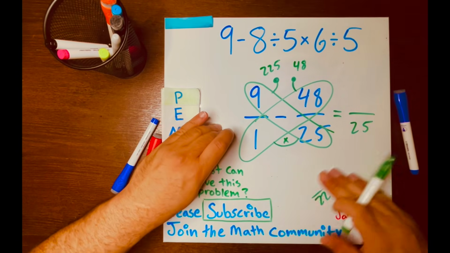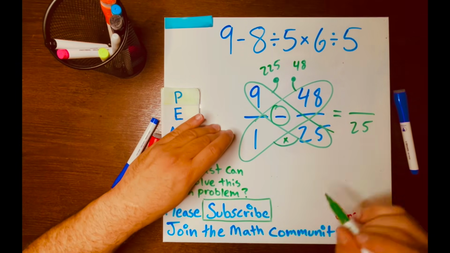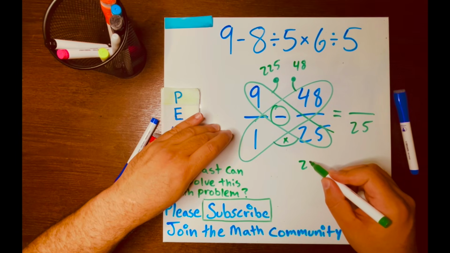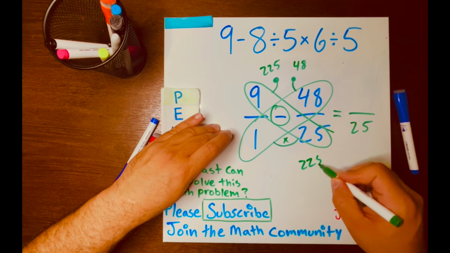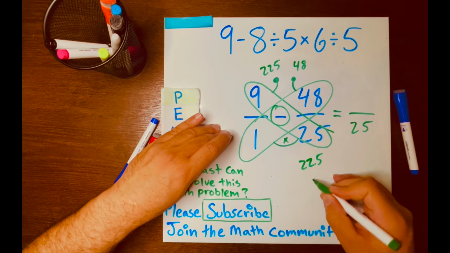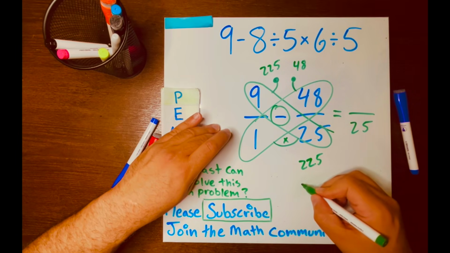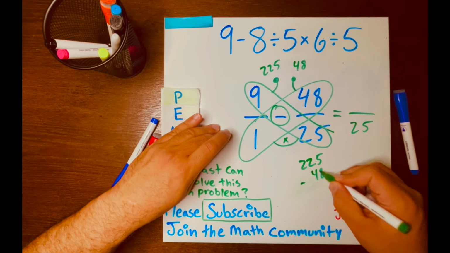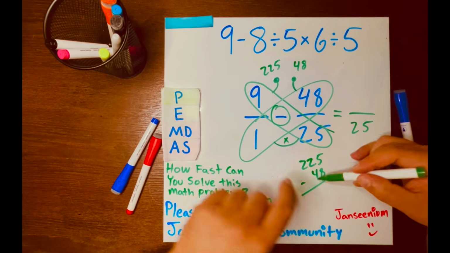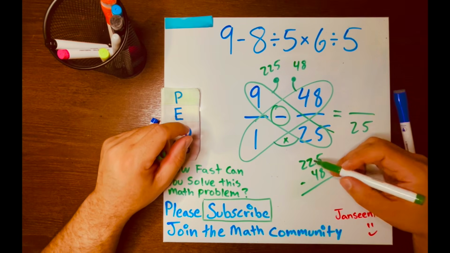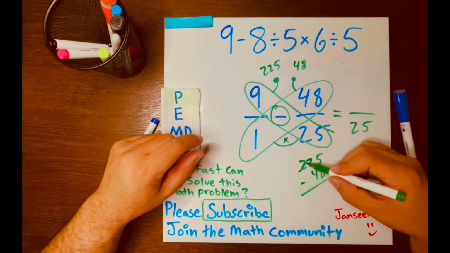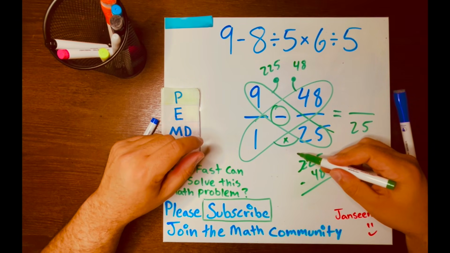And now you subtract those two numbers. So 225, I don't know why I said times, minus 48. And 5 minus 8 you cannot do, so you need to borrow. The same for the 2, you need to borrow. So you borrow from the 2 to the left.